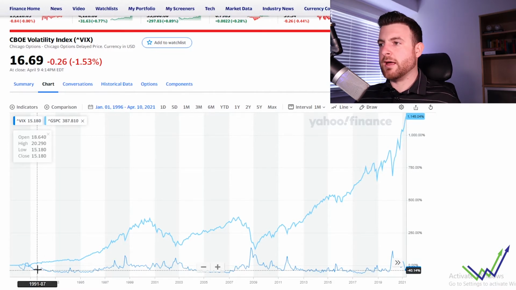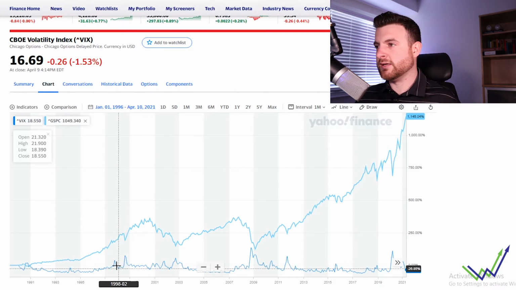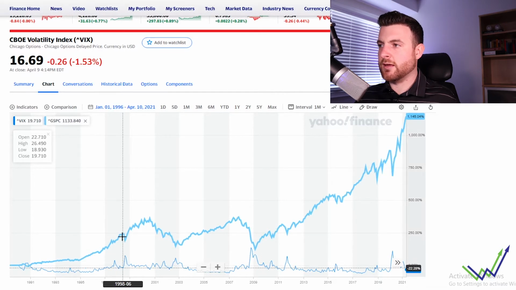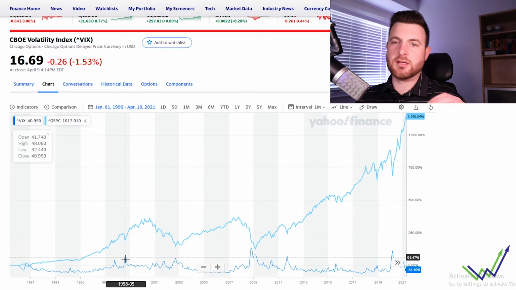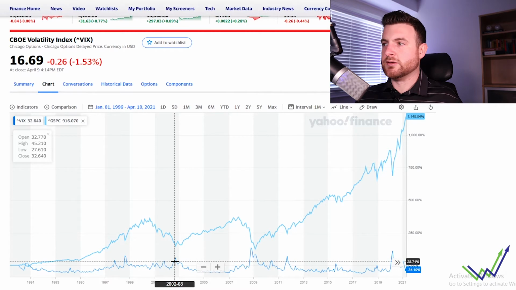But if we follow the VIX, which is obviously the key denominator in this equation right now, we see when it's spiking, traditionally that's falling with a lower S&P. So as the VIX goes up, traditionally the S&P goes down. We see another spike here in 2002.